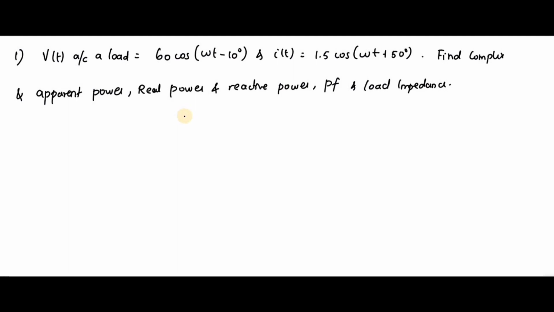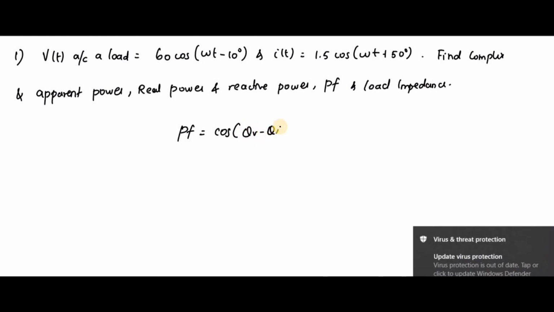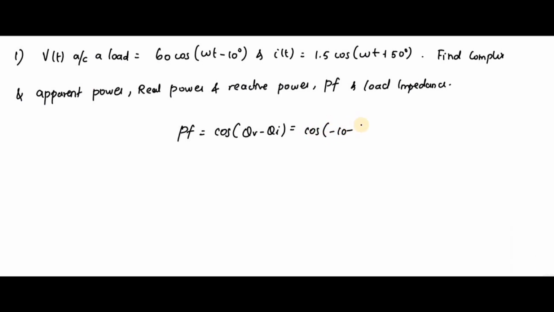So I can find the value of power factor. Power factor is equal to cos of delta V minus delta I. Delta V minus delta I is minus 10 minus 50, so this is nothing but cos of minus 60 degree. So the angle is minus 60, V by I, so the current is leading.